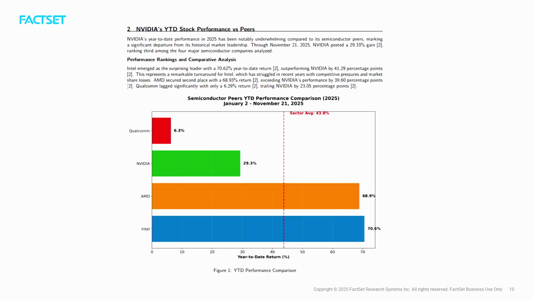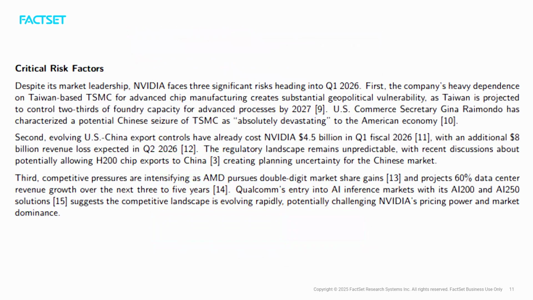I asked a few things, and I won't go over the whole report, but I asked about year-to-date stock performance versus peers. So quick research was able to go to FactSet, pull in stock performance data, and identify peers as well. So now you can see what Qualcomm, AMD, and Intel have done year-to-date versus NVIDIA.